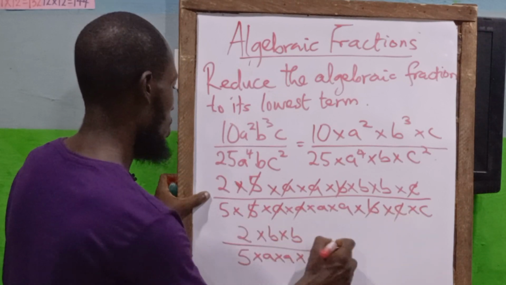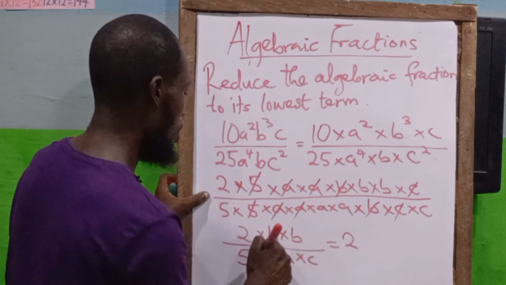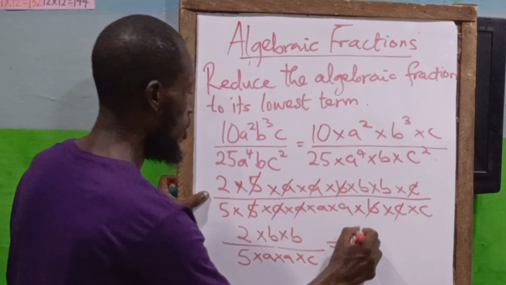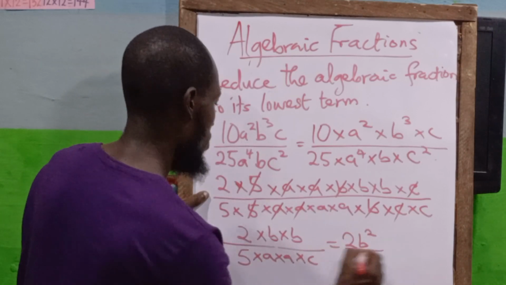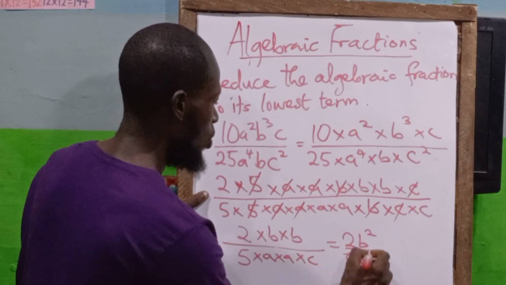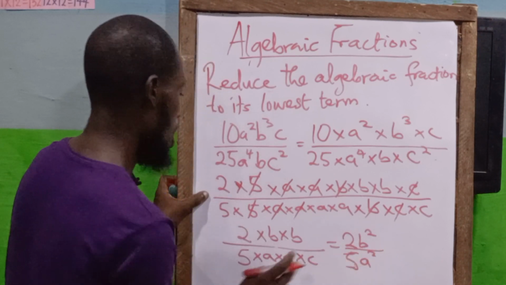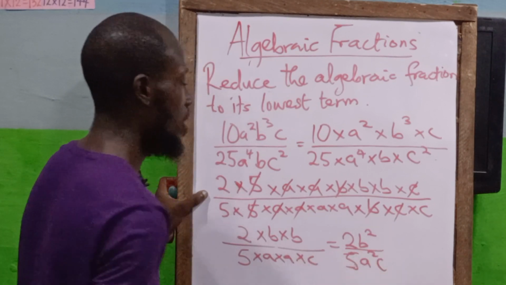So 2 times b times b gives us b squared. Then we have 5, a times a, that is a squared, and c. We put them together like this.